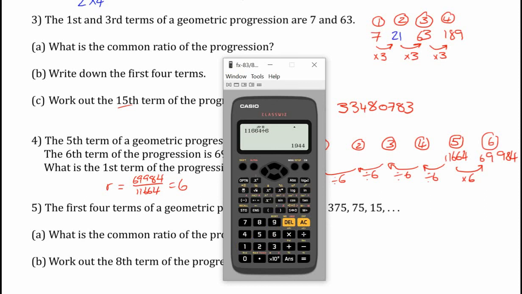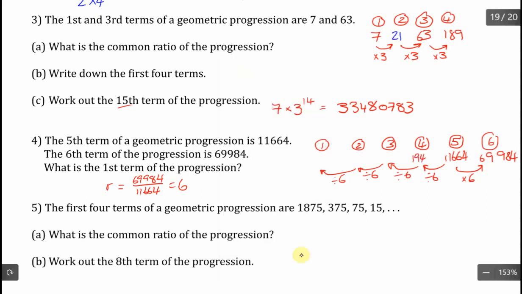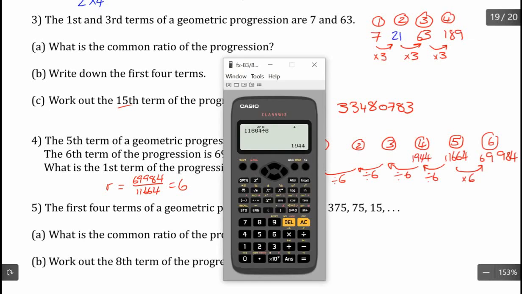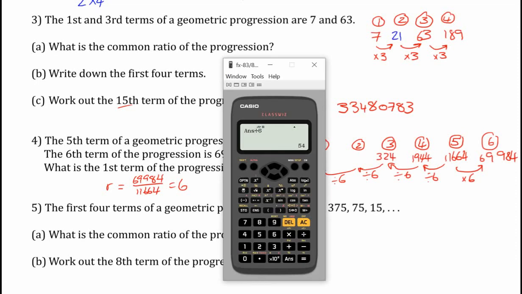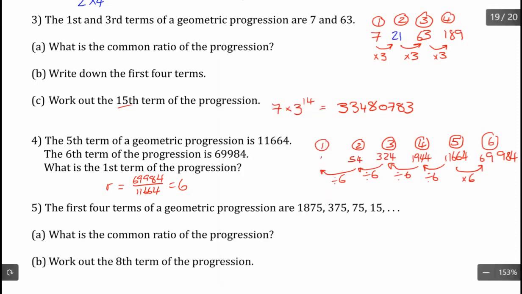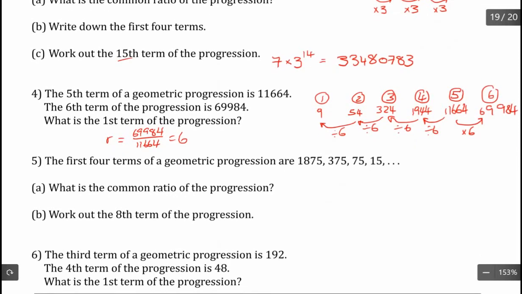So that one's 1944. 324 is the third term, 54 is the second, and that means 9 must have been the first.